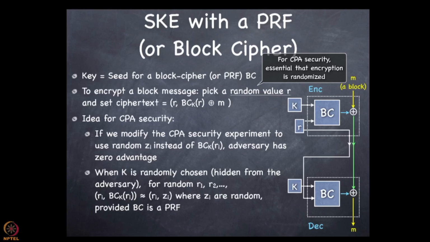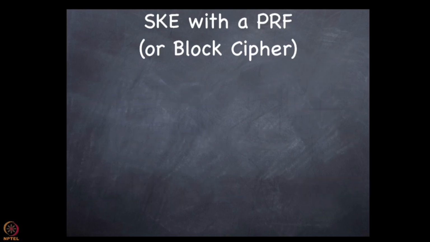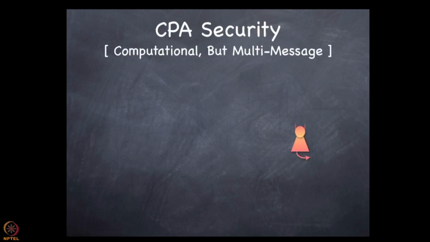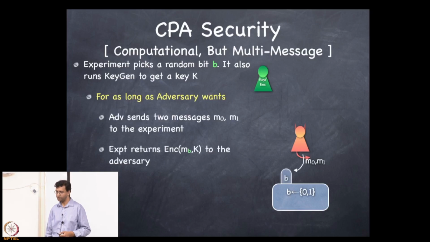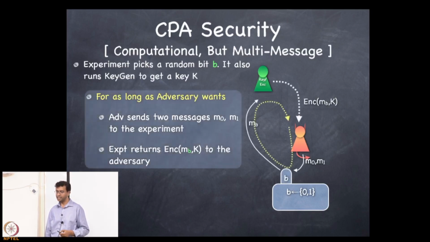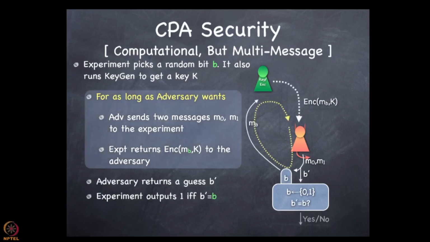Maybe I'll show you the definition quickly. So here, what would go wrong if that encryption algorithm is deterministic?